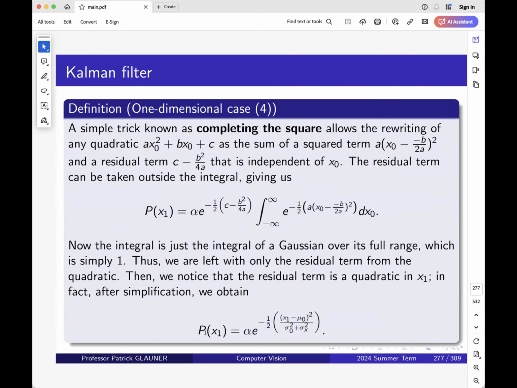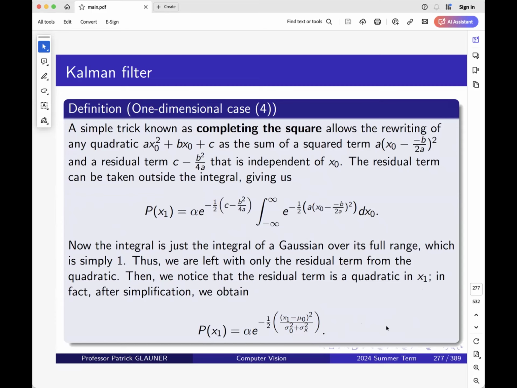We see the probability of x1 is a Gaussian function, where we write in here x minus mu0 squared divided by the sum of two variances. The variance is our variance 0, the initial variance, and the variance along x. Plus, we have this normalizing constant.